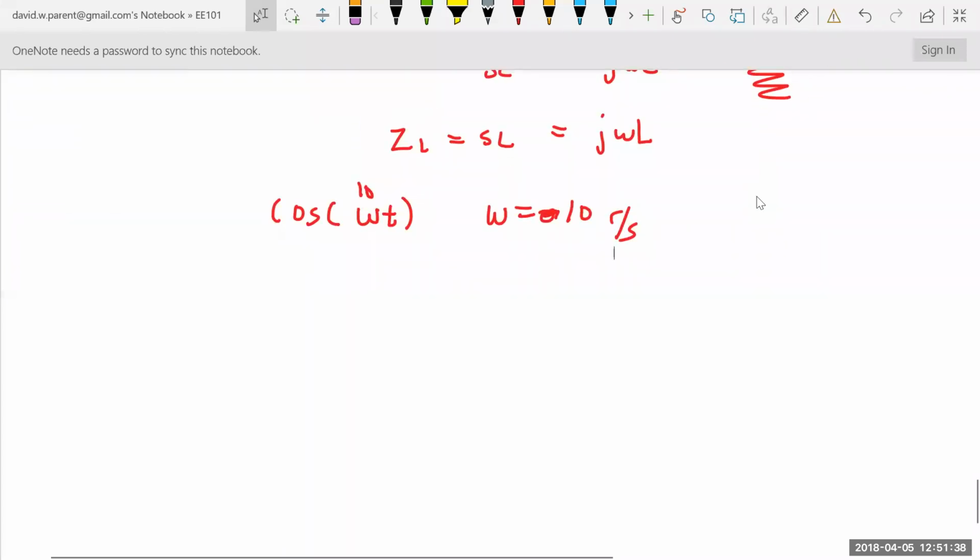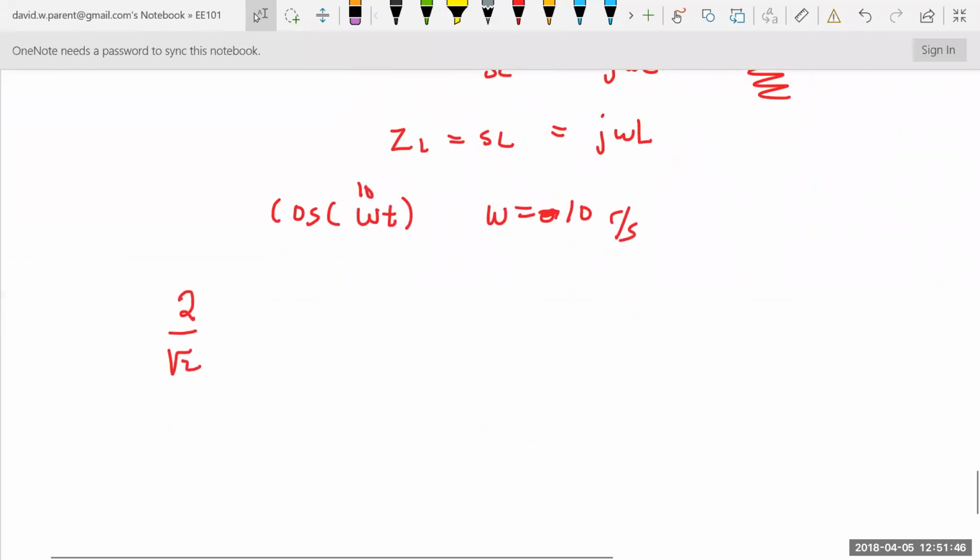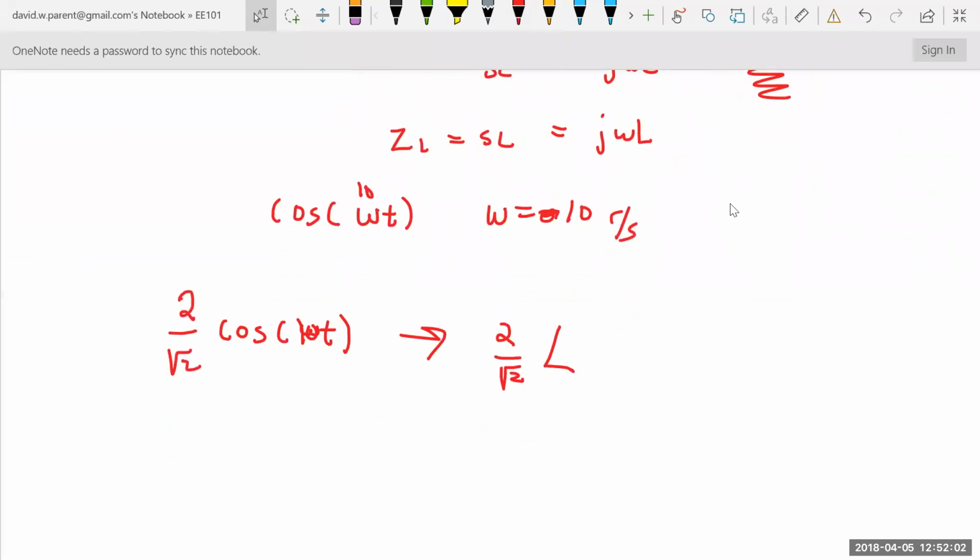So we have this current, and we have 2 divided by, I think, the square root of 2, cosine 10t. Well, in polar terms, right, the magnitude is still this, but the phase is 0.